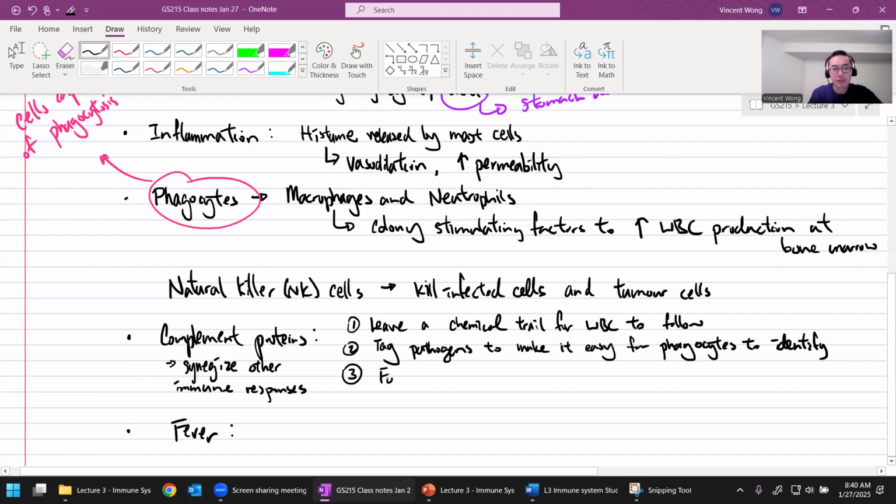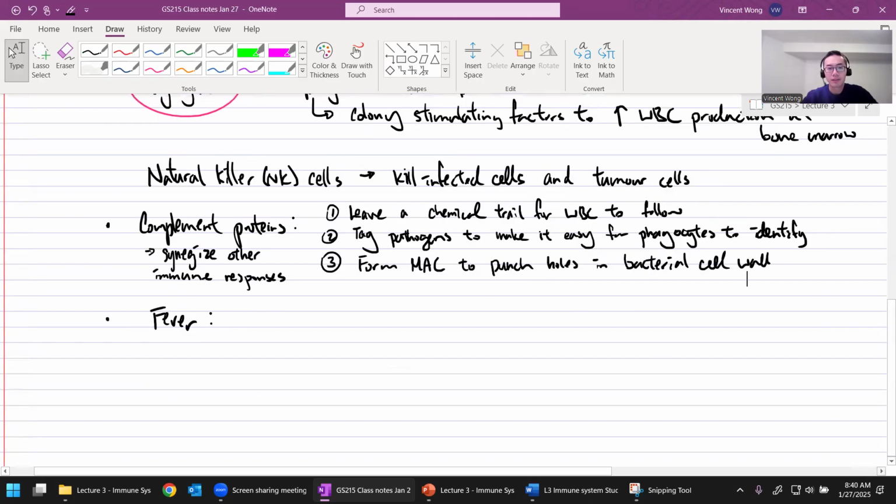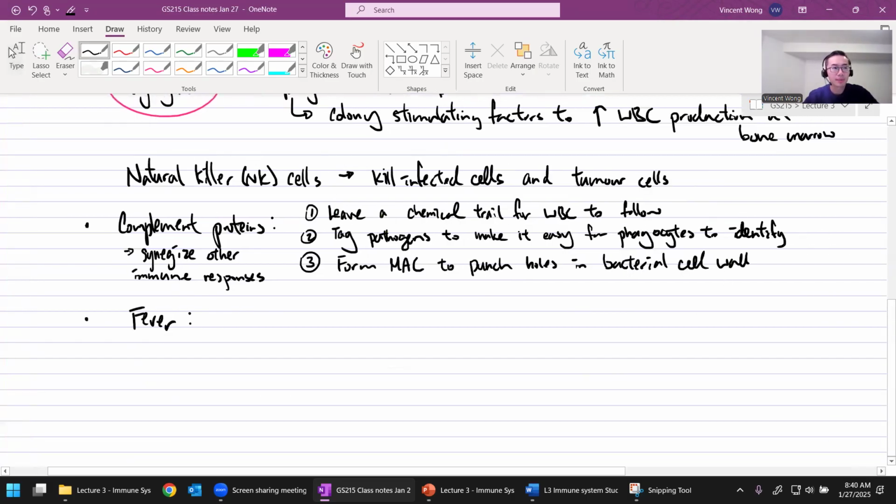And lastly, they could form the membrane attack complex to punch holes in the bacterial cell wall and kill them. Those are the three key functions of complement proteins.